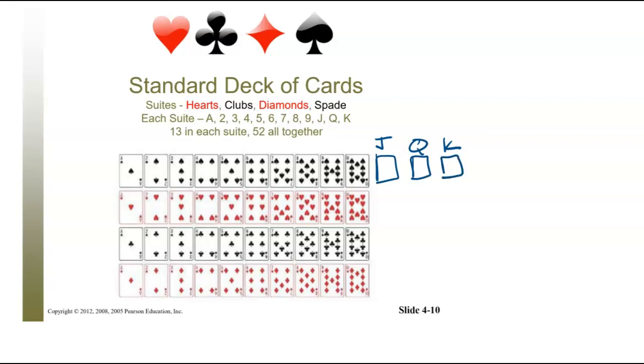The jack, the queen, and the king are all considered face cards. So there are 3 face cards in each suit, 13 cards altogether. So 1, 2, 3, up to 10, 11, 12, 13. You have a jack, a queen, and a king. These are your face cards.